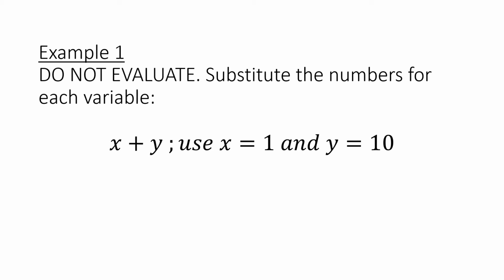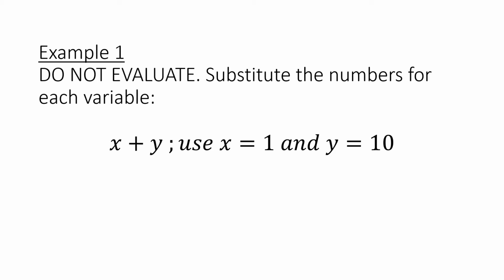So for example, we're going to do this question in two parts. The first part says do not evaluate. All we're going to do is substitute the numbers for each variable. So we have the expression x plus y. We want to use x equal to 1 and y equal to 10.